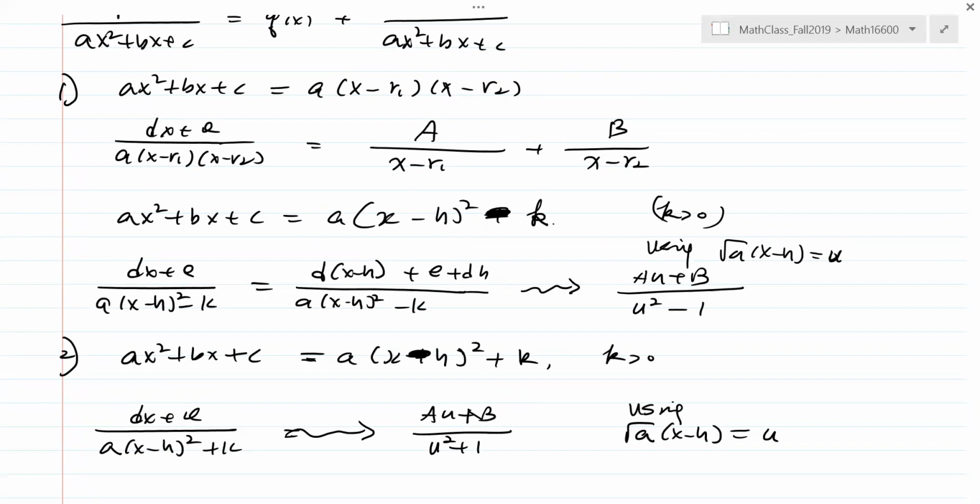I prefer the first one: decompose the function directly into two terms, then determine the coefficients capital A and capital B. For the second one, you cannot decompose the function because u squared plus 1 cannot be factored. Okay, that's all for today's lecture.